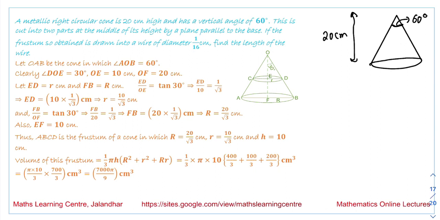Now this is cut into two parts at the middle of the height by a plane parallel to the base. We are saying this plane is parallel to the base. If the frustum so obtained is drawn into a wire of diameter 1 by 16 centimeter, find the length of the wire.